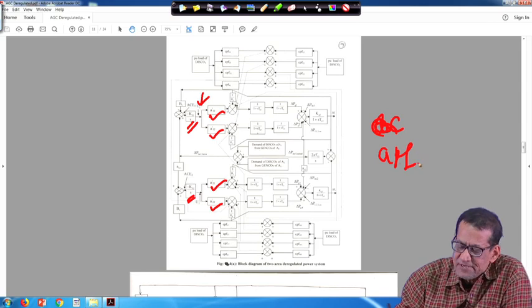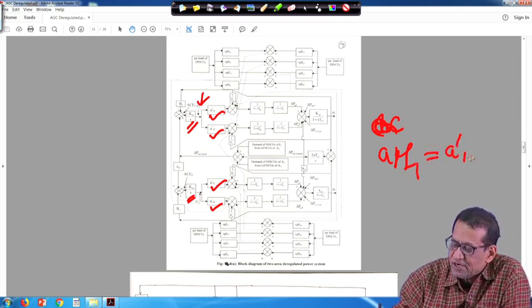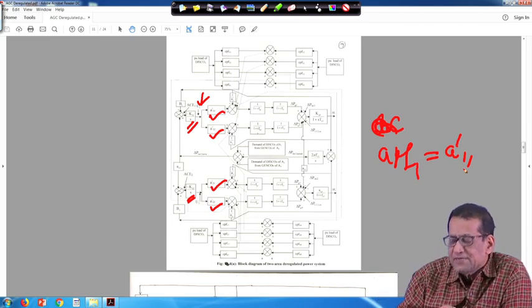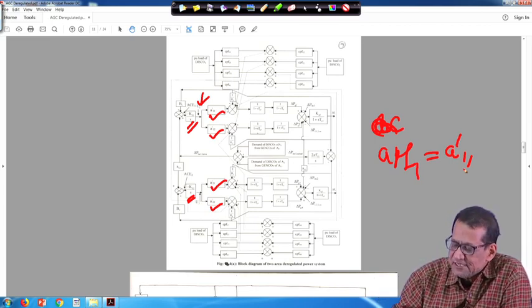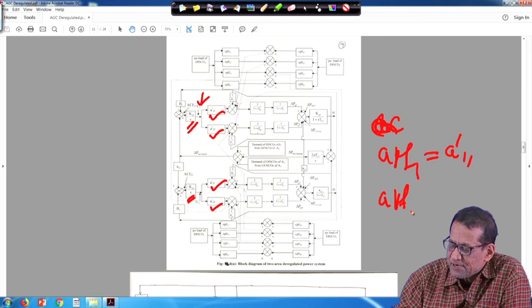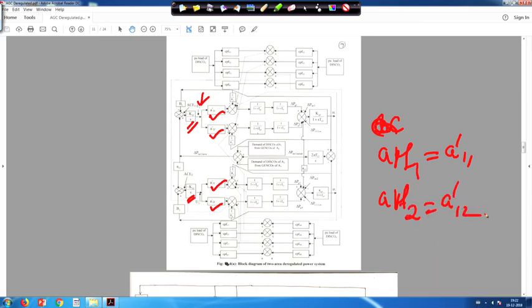So basically, the participation factor for unit 1 of area 1 is A'11, and similarly for unit 2 it is A'12.